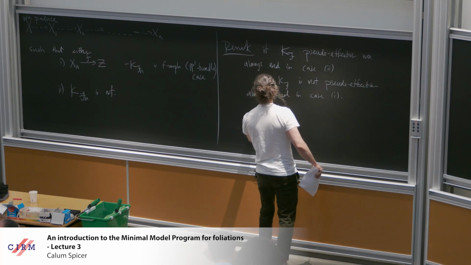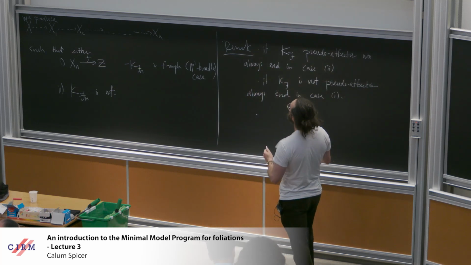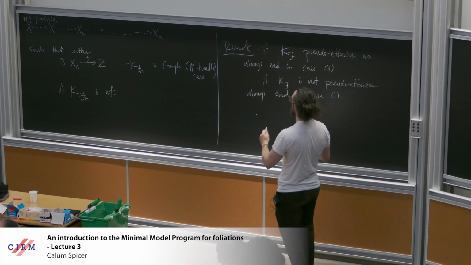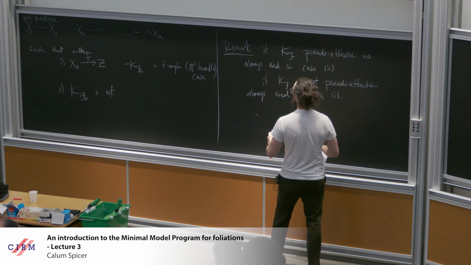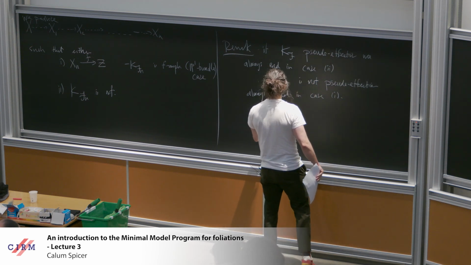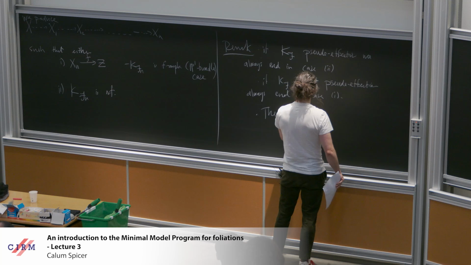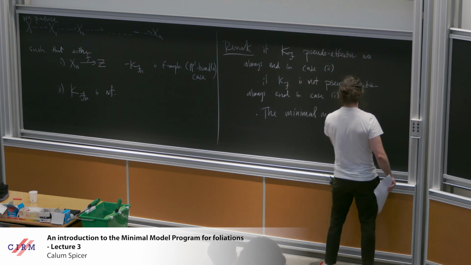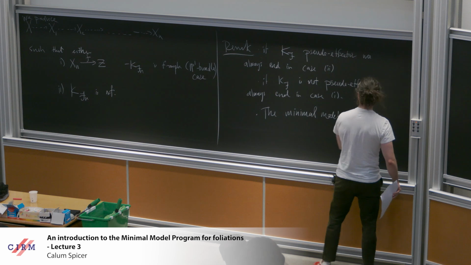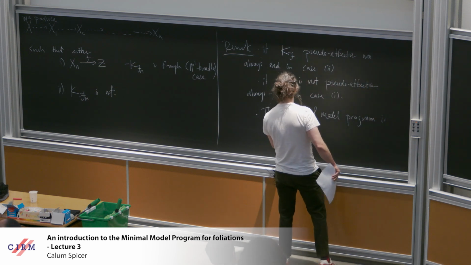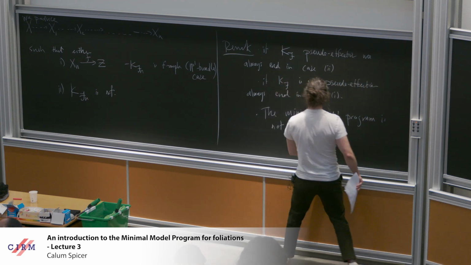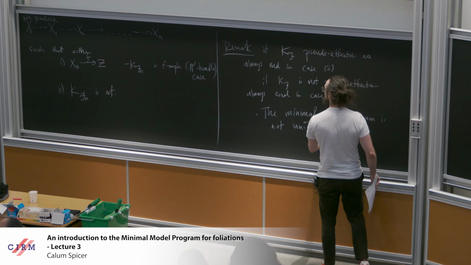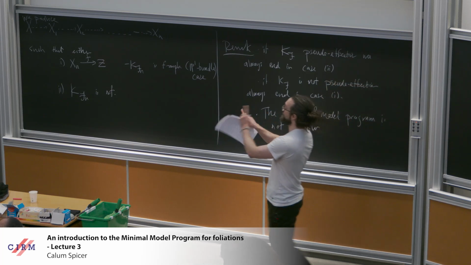The other point I want to make is that this run of this sequence of surgery operations is not unique. So the minimal model is not unique. At every step, we have to choose an extremal ray.